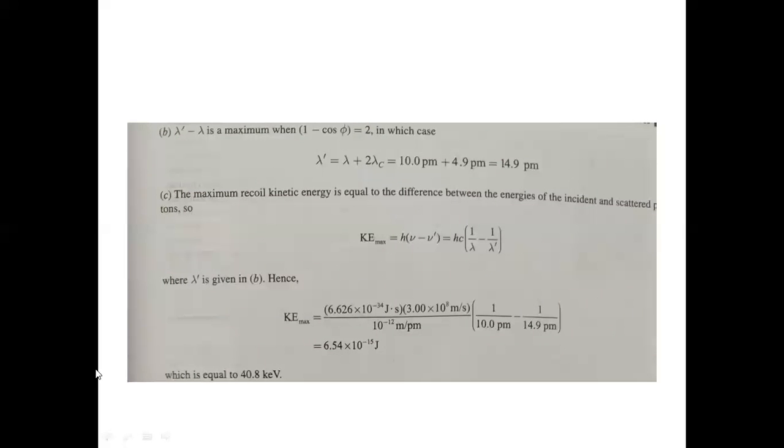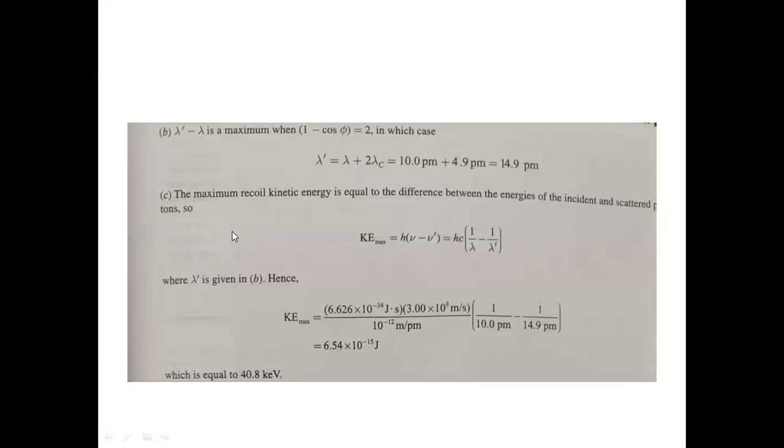And the next question, the last question, is: find the maximum kinetic energy of the recoil electron. The maximum recoil energy is equal to the difference between the energy of the incident and the scattered photons.